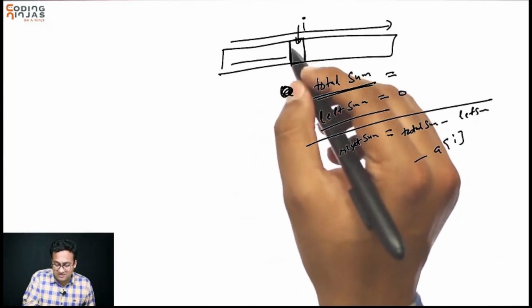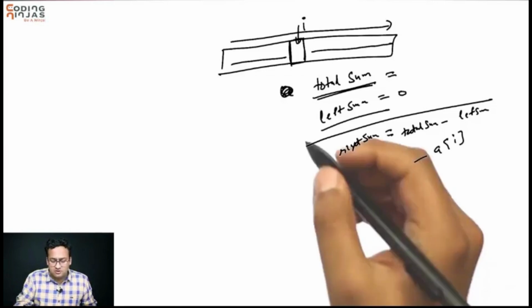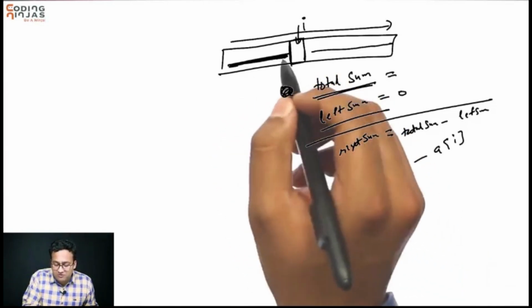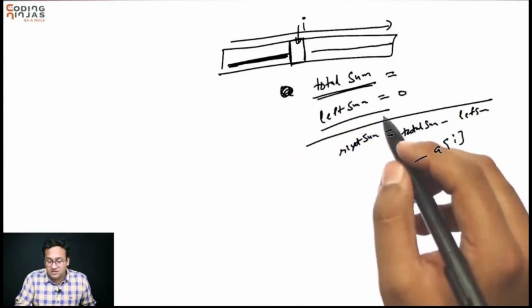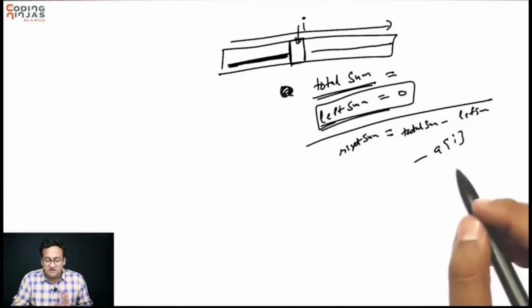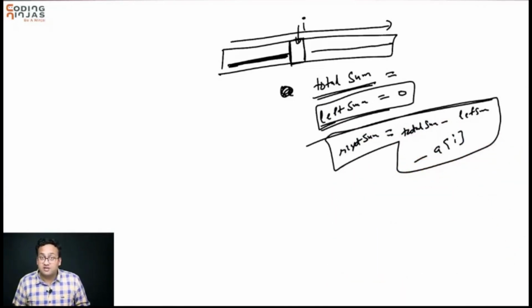So I can subtract this as well. I'll get the right sum. So instead of maintaining both left and right, I'll only maintain left. So left sum will not be 0 here. It might be, but in general it will be the sum of these elements, right? So while going, I'll keep maintaining the left sum, and whenever I want to find the right sum, I'll use this formula instead of maintaining both of them while I'm traversing my array.